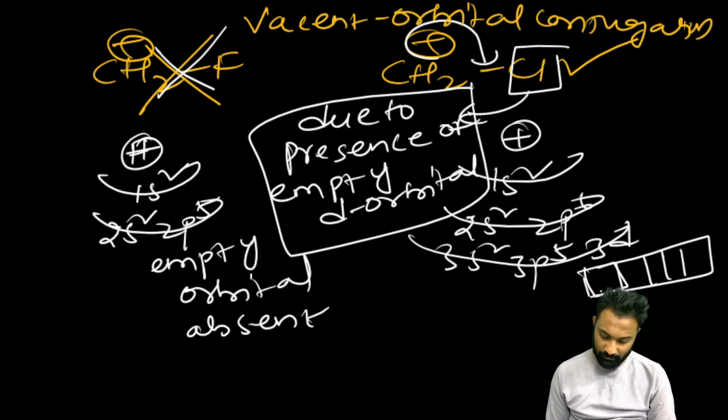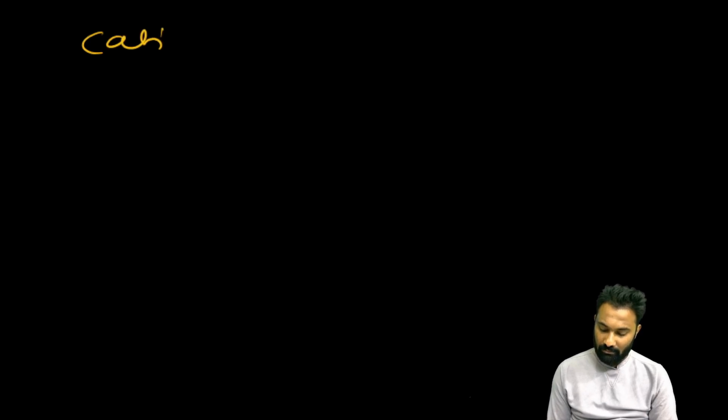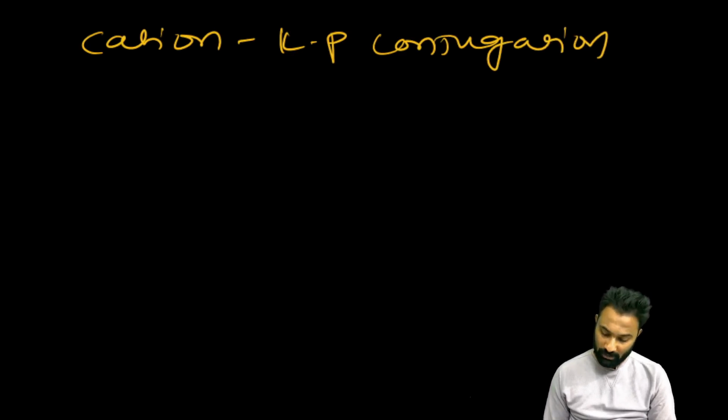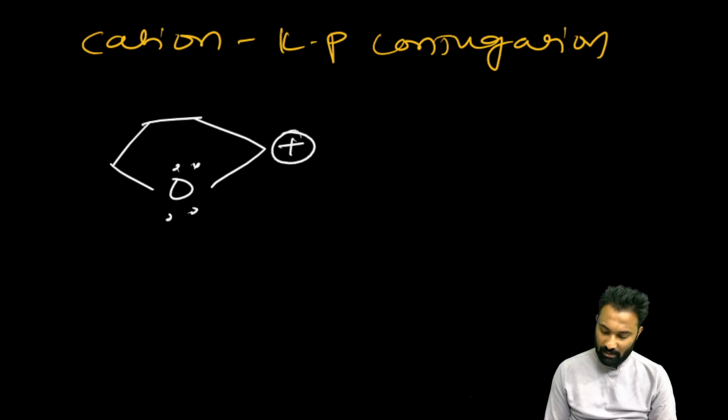Now we'll see cation and lone pair conjugation. In the cation and lone pair conjugation, if I take this oxygen, it has a lone pair of electrons, and it has the carbocation.